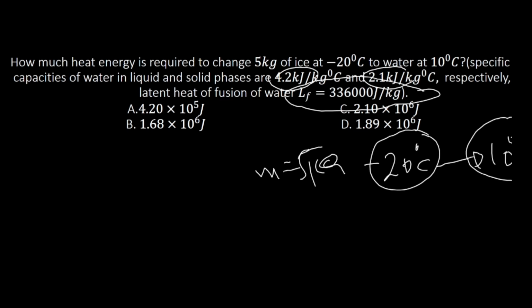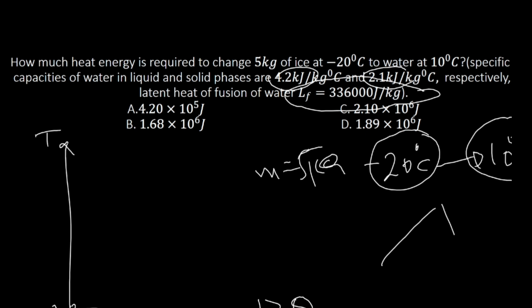Let's solve it. If we draw a diagram of the temperature change of this object as thermal energy is added, we obtain this. It was initially negative 20 degrees centigrade, and this ice will change phase at 0 degrees centigrade.